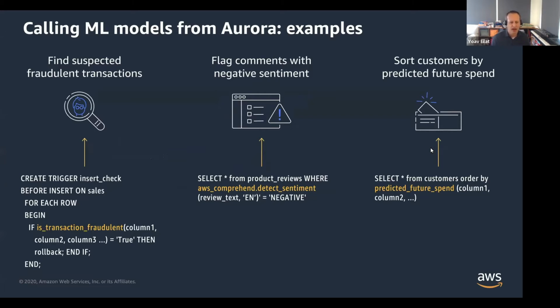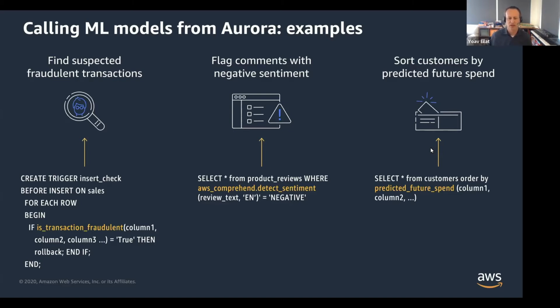In this example, we've committed some transactions, and we have a function that we wrote called is transaction fraudulent, and it takes a few columns of data from your table. If it returns true, then the transaction was fraudulent and you want to roll it back. That would be something that you would check when you insert it into whatever final table is where the transactions are officially approved.